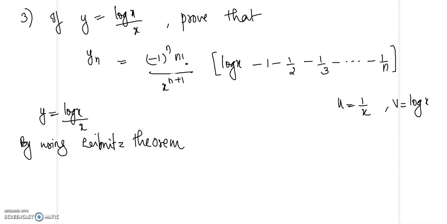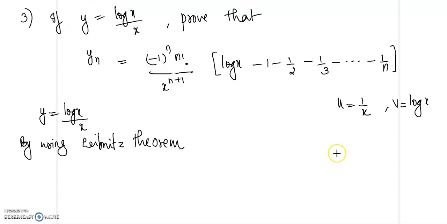yn will be equal to, so we'll start with un, the nth derivative of 1 by ax plus b, that is minus 1 whole raised to n factorial a raised to n by ax plus b whole raised to n plus 1.